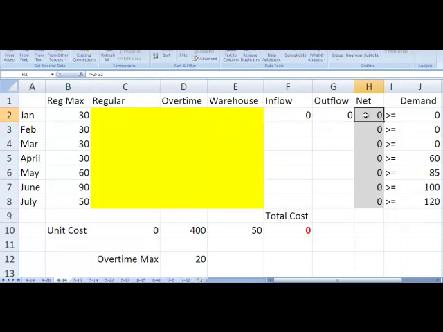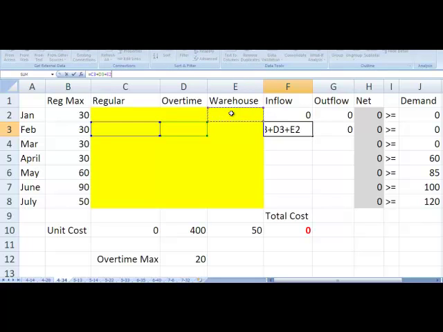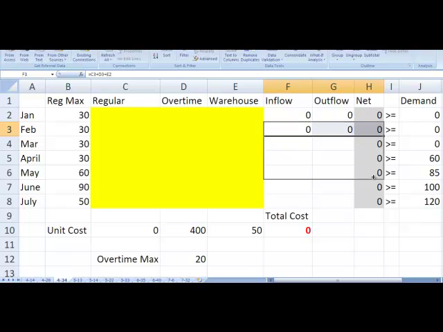And the net flow will be equal to inflow minus outflow. I'm going to copy these three down to the second row. I have to make one change to my inflow on the second period because I also have warehouse from the previous period coming in. Make that change, I can carry this all the way down.